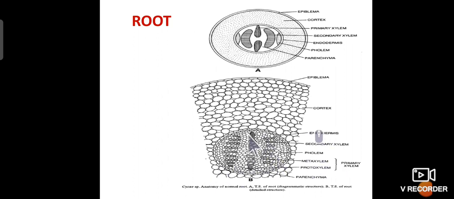So the metaxylem is towards the center and the protoxylem towards the periphery. That is why this type of xylem is known as exarch.